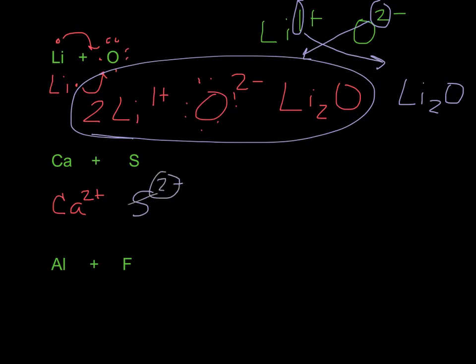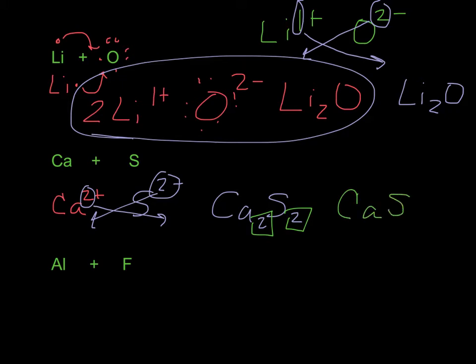I'm going to take this 2 and cross it, and I'm going to take this 2 and I'm going to cross it, so that what I would end up with is Ca2S2. Anytime you get the same numbers, we're just going to go ahead and cancel those out, so that what we end up with is CaS.